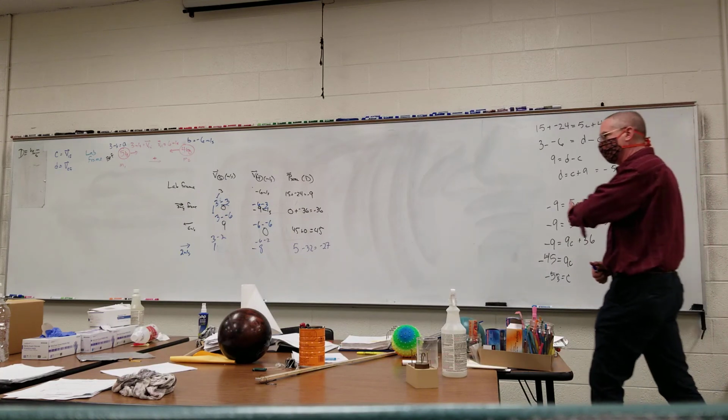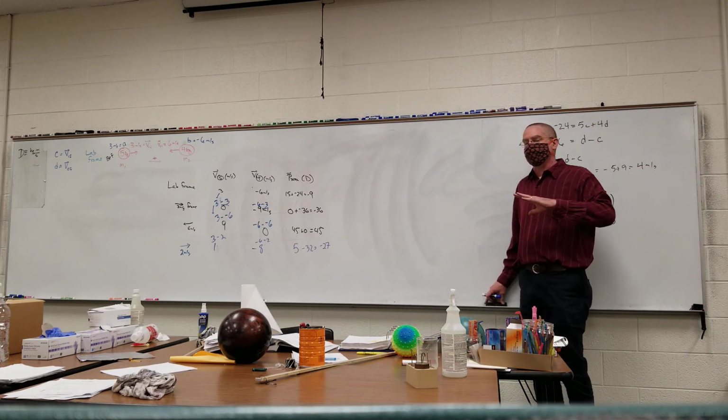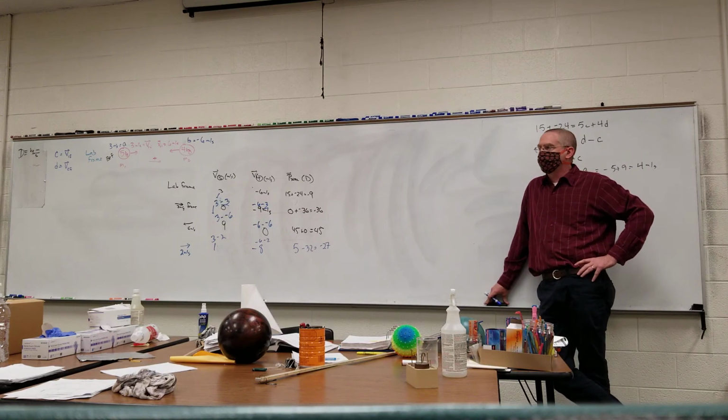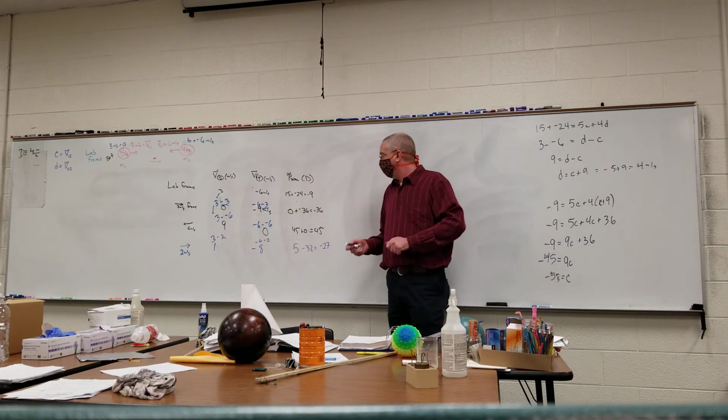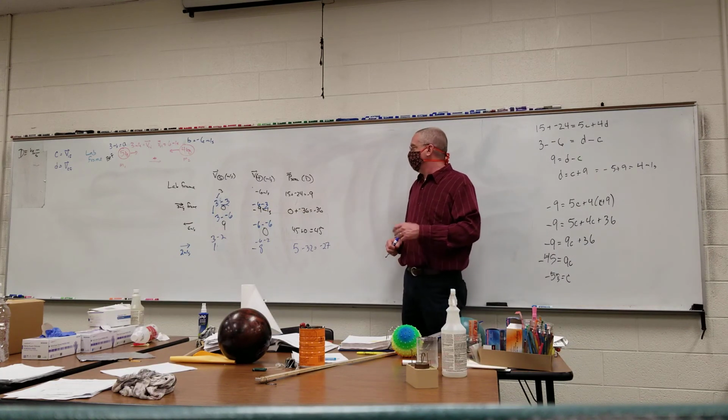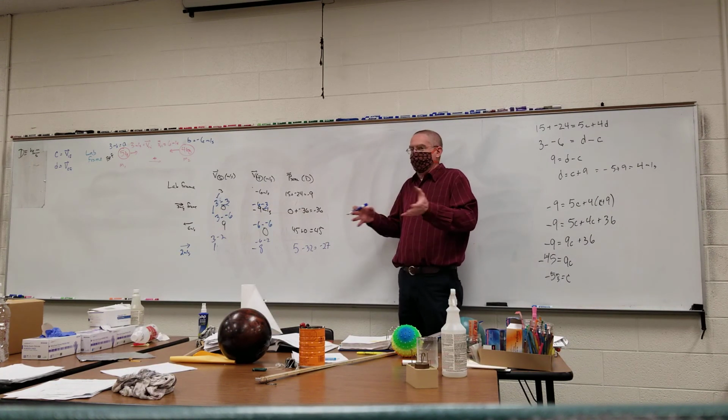Questions about just shifting velocities based upon different reference frames? All right. I hope you can see that I can just manipulate whatever I want my total momentum to be just by changing my reference frame.